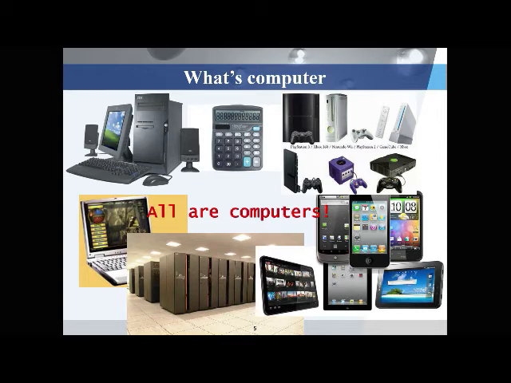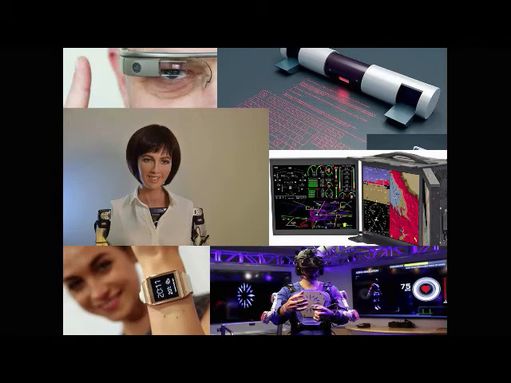But how about those ones? Like I showed you some images here. These are also computers. The leftmost one is the Google Glass. It also has a small intelligent computer inside of it. And the next one is the projector.